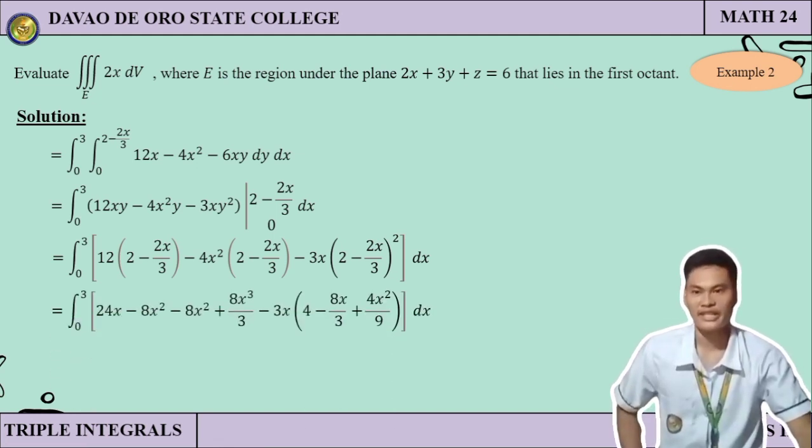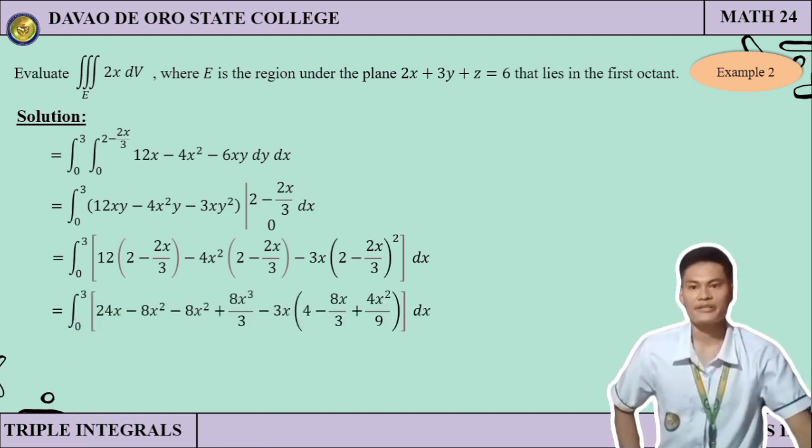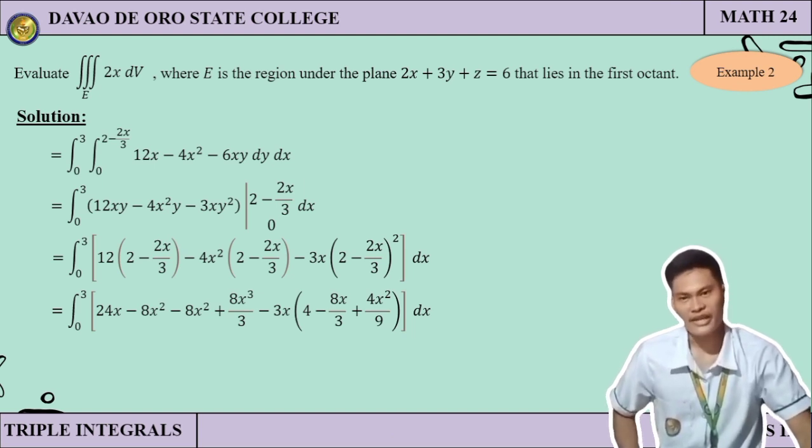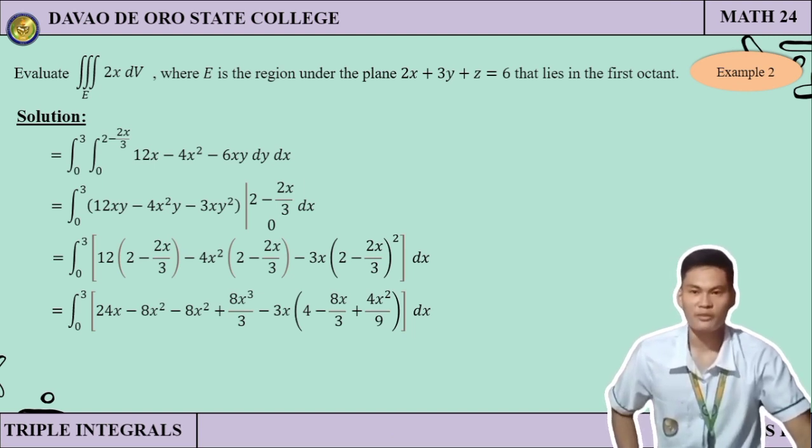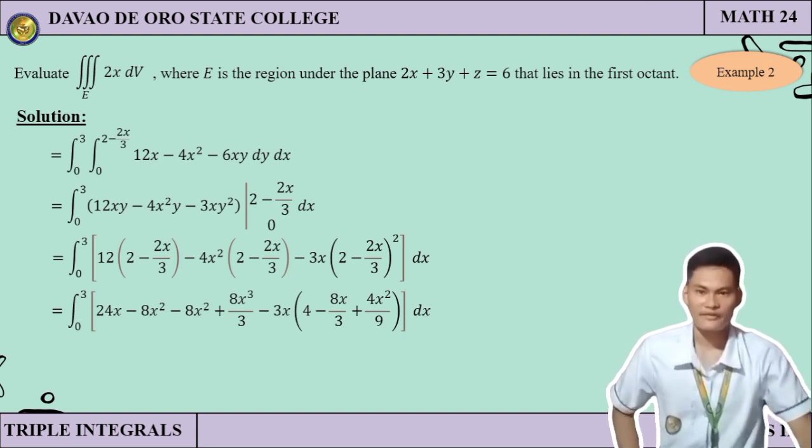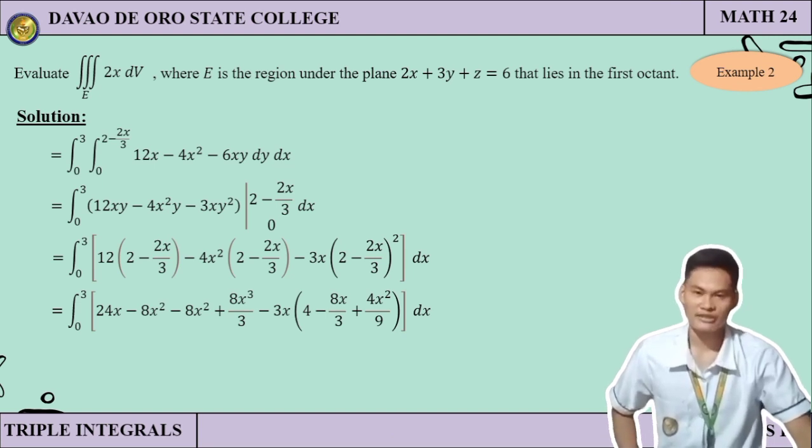We have the integral of 24x minus 8x squared minus 8x squared plus 8x cubed over 3 minus 3x times the quantity of 4 minus 8x over 3 plus 4x squared over 9, with respect to x with a limit of 0 to 3. Then further simplify and combine like terms.